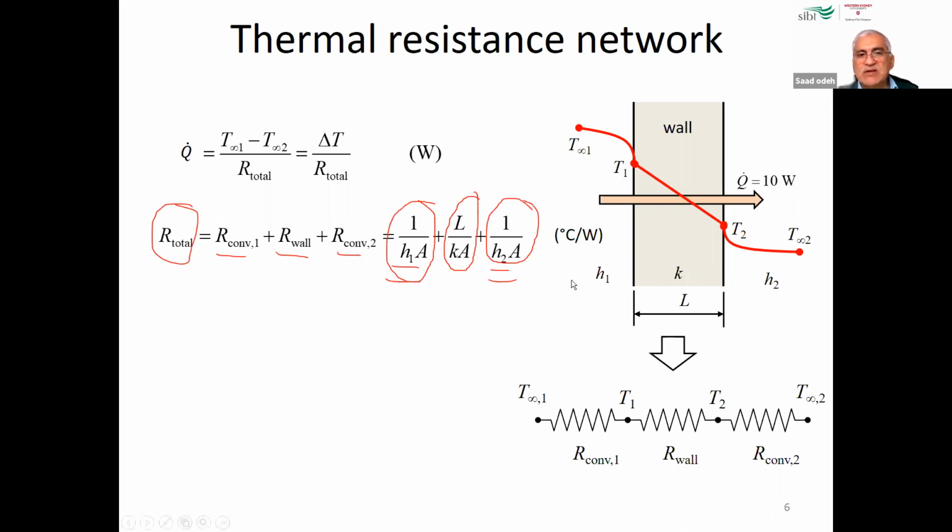What makes h have a different value? Are they at the same temperature, the air inside and outside? No, sir. Thank you, Abdulaziz. Because they are not at the same temperature, the heat transfer coefficient will not be the same. That's why we have h1 and h2.